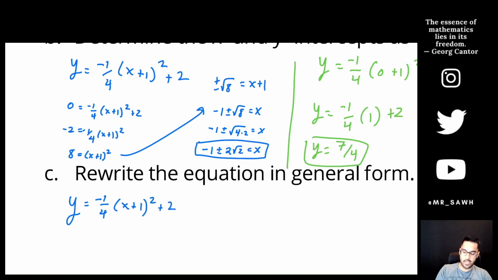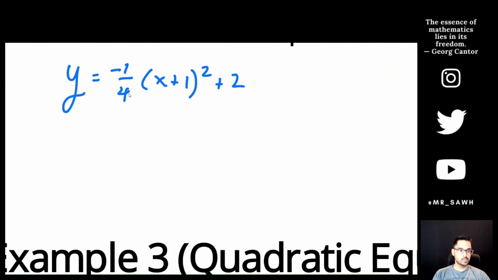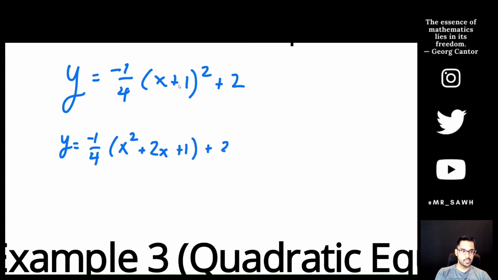plus 2. In order to get it into general form, we can multiply this all out and then collect our like terms. So if you remember how to multiply out a perfect square, well, you can square the first term. You take the two terms that are there, so x and 1, multiply them together and double it. So you get 2x, and there's a plus 1. Saves you a little bit of time in collecting like terms. Distribute your fraction to the inside.